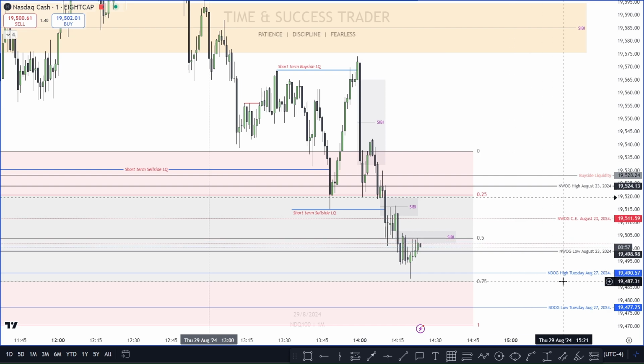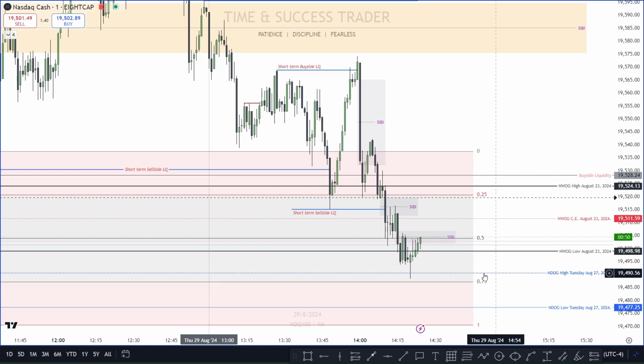Based on how price is reacting, it seems as if we don't want to go higher just yet. Still wait for price to disrespect this area.